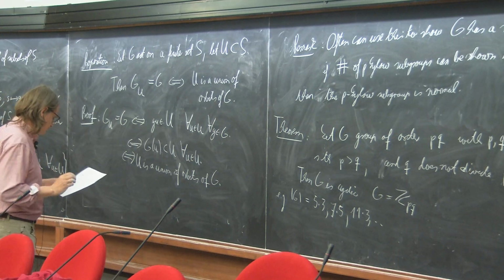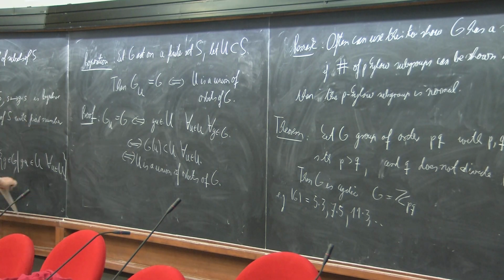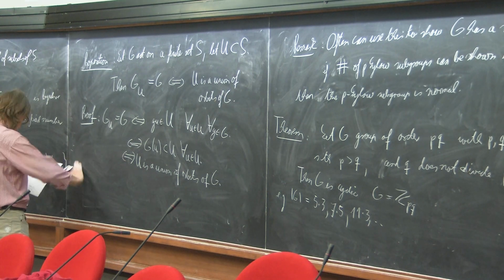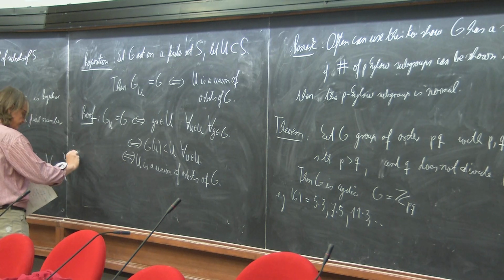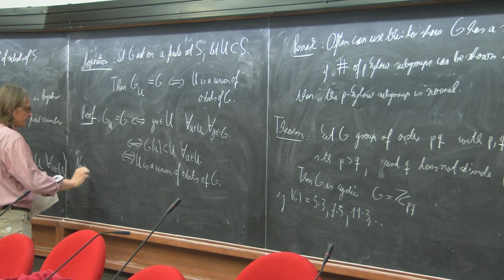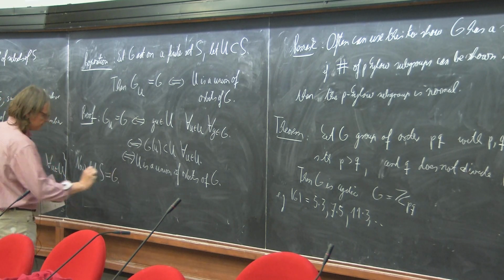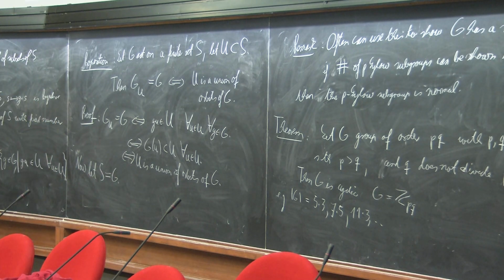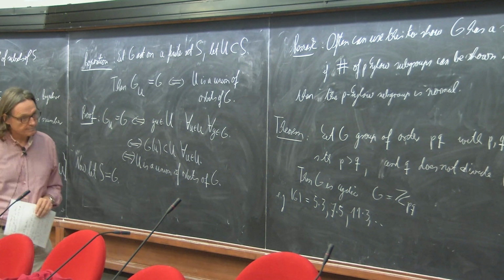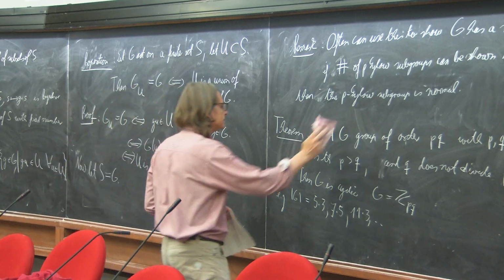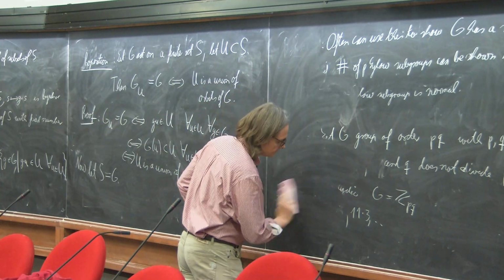And now we want to look at the action of G on itself by left translation and see what we can say in this case. So now we take S to be just our group G, and we want to look at the action of G on itself by left translation.